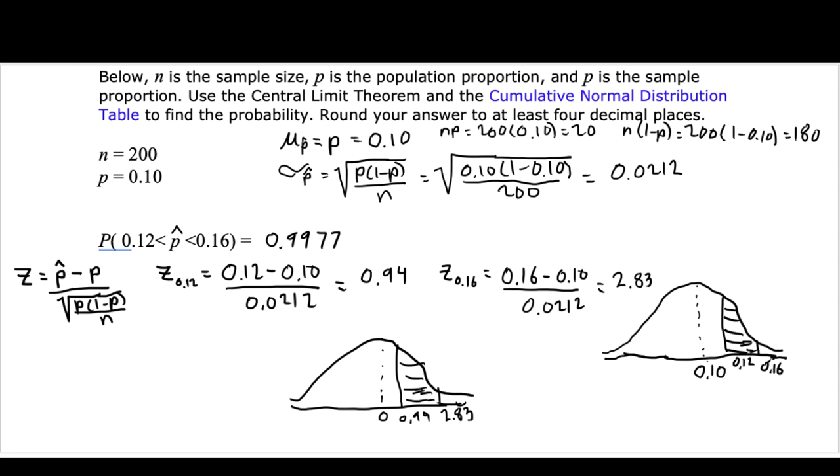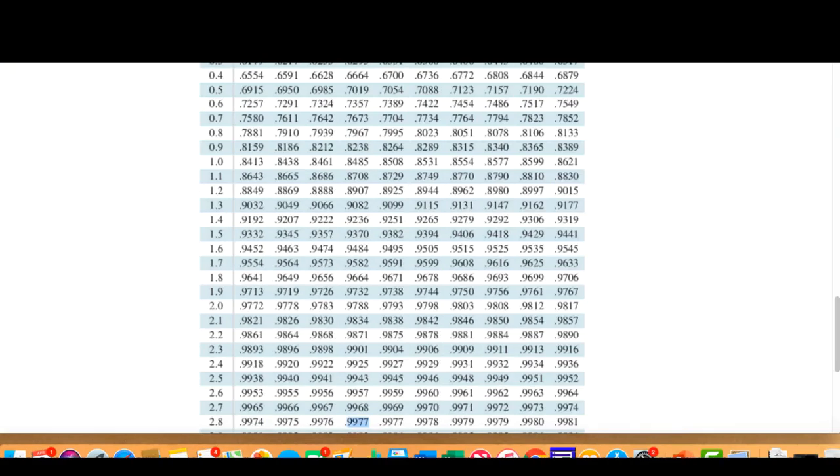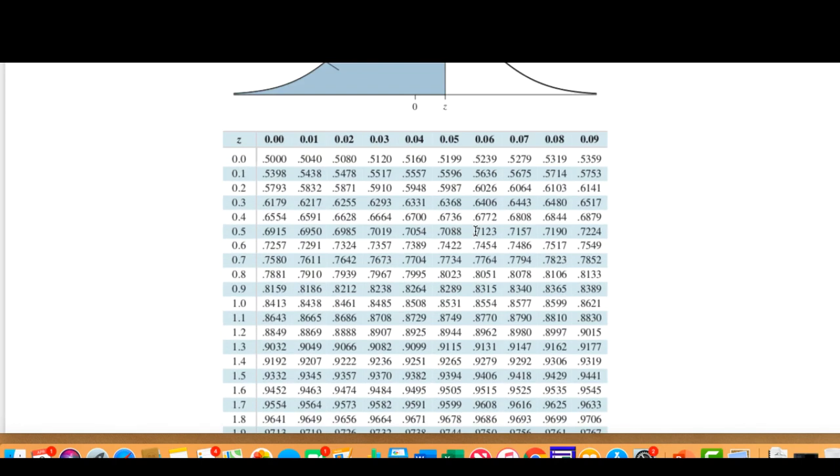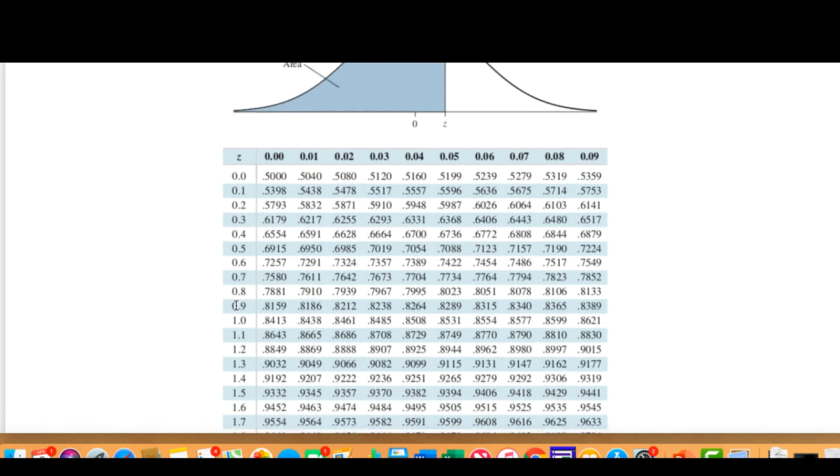So now go back to the chart and find the area to the left of 0.94, which is the row labeled 0.9, column labeled 0.04, and that number is 0.8264.